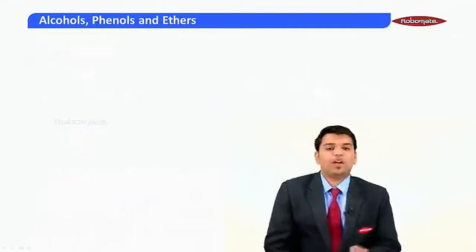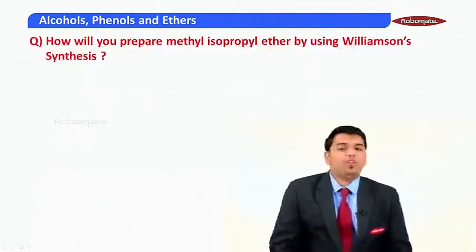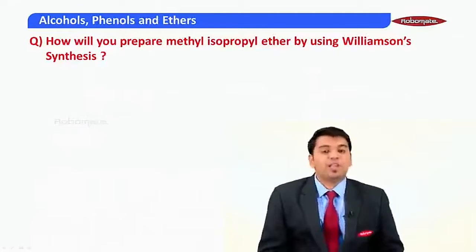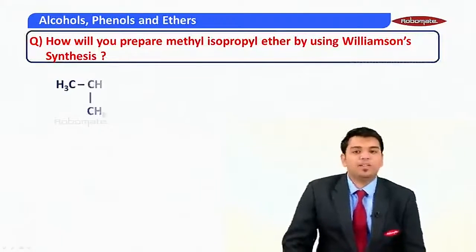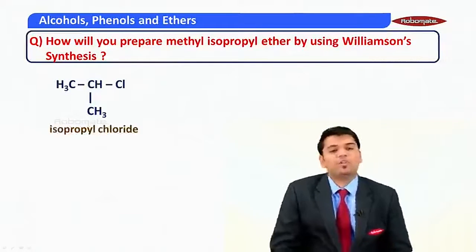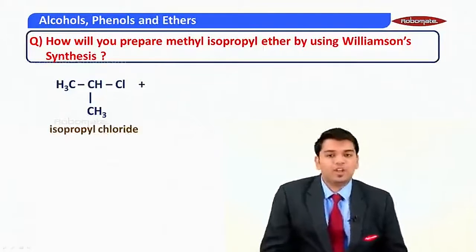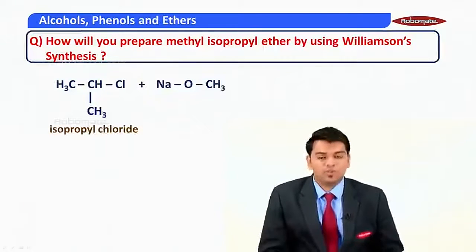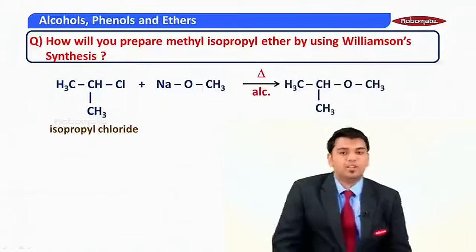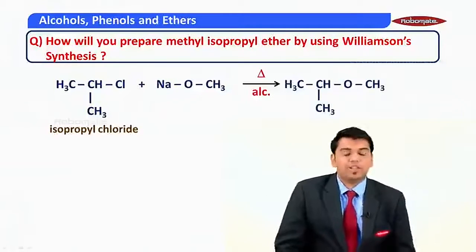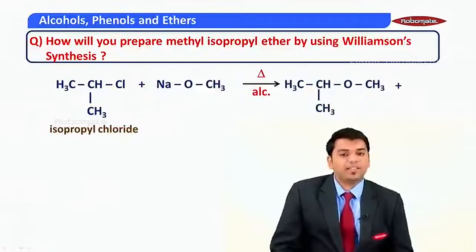So now if I ask you a question, how will you prepare methyl isopropyl ether by using Williamson's synthesis? You may tell me that we can use isopropyl chloride, and to that we can add sodium methoxide, okay, and this would give us the required product, that is methyl isopropyl ether, and the byproduct that we would get is NaCl.